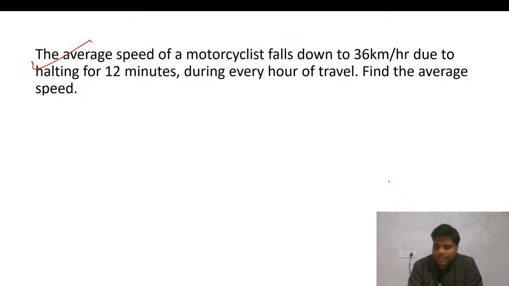You need to find the average speed, like normal speed you have to find.